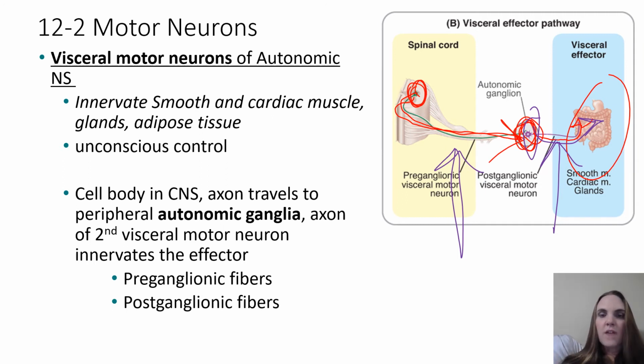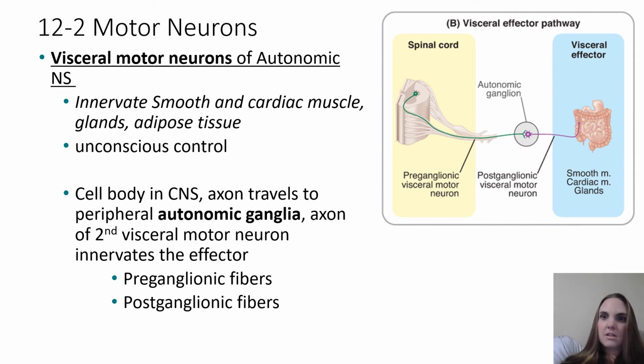So that signal travels from the central nervous system along an axon, where that signal is then going to cross the synapse from that axon terminal to a new cell body in that autonomic ganglia. And then the signal is going to travel along that postganglionic axon or fiber to reach its final destination, its final peripheral effector.